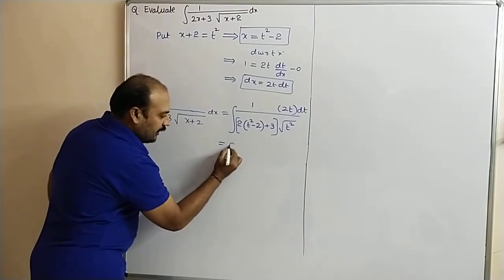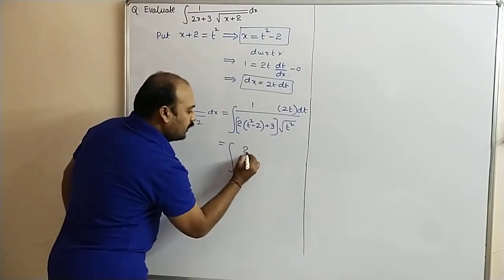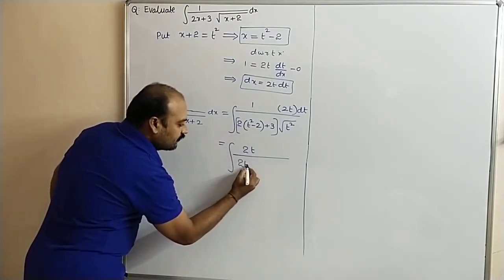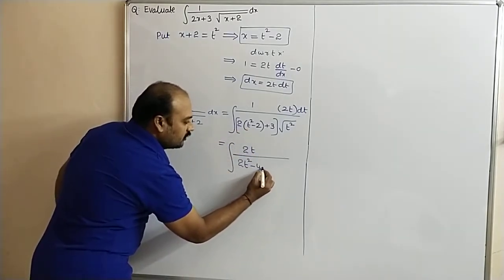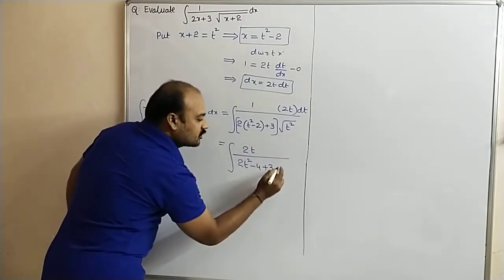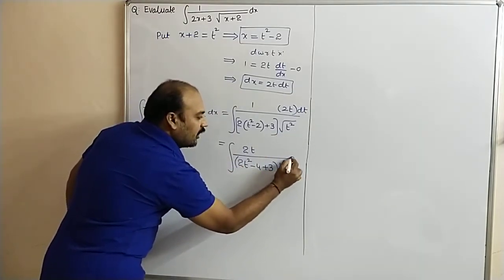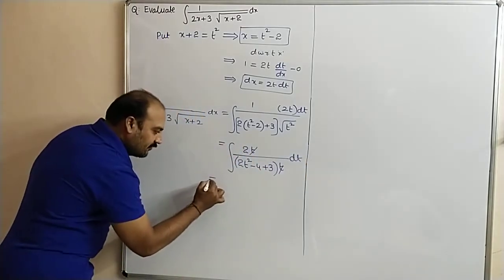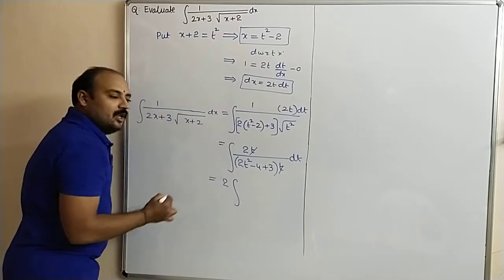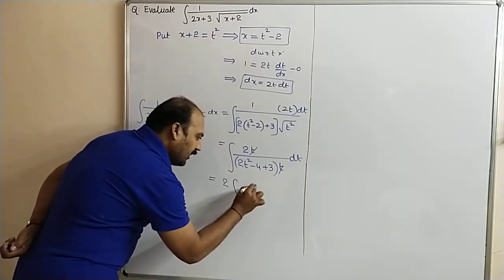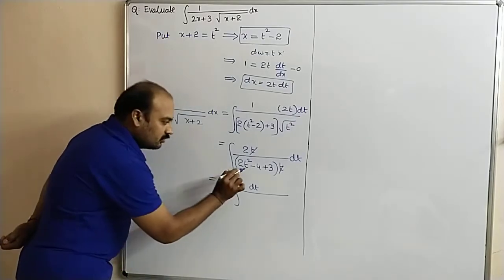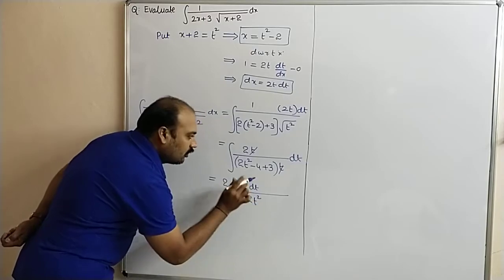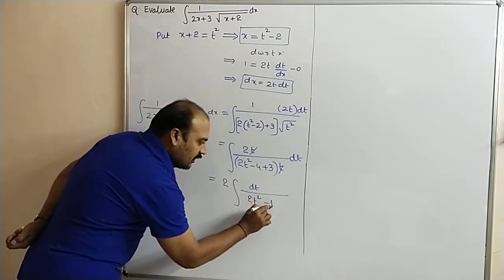This is equal to integral 2t divided by (2t square minus 4 plus 3) times root t square, which means t, into dt. Here t gets cancelled. 2 we can take outside of the integral: 2 into integral dt divided by (2t square minus 4 plus 3), that is 2t square minus 1.